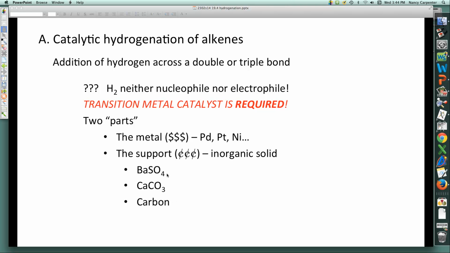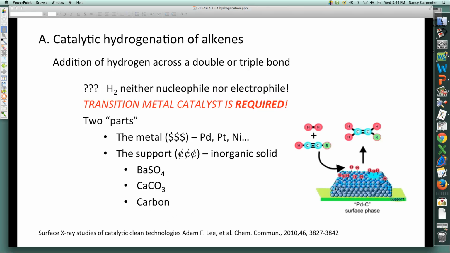So you have very finely divided particulate here, upon which you just deposit an atomic layer or two of the metal. So this depiction shows you this green thing is the support, so that's the barium sulfate or whatever your cheap inorganic support is.